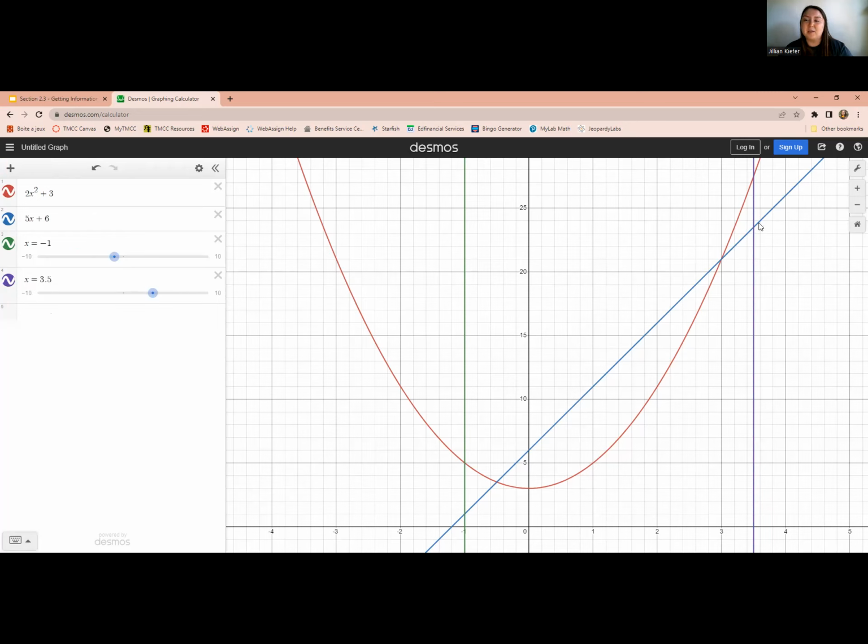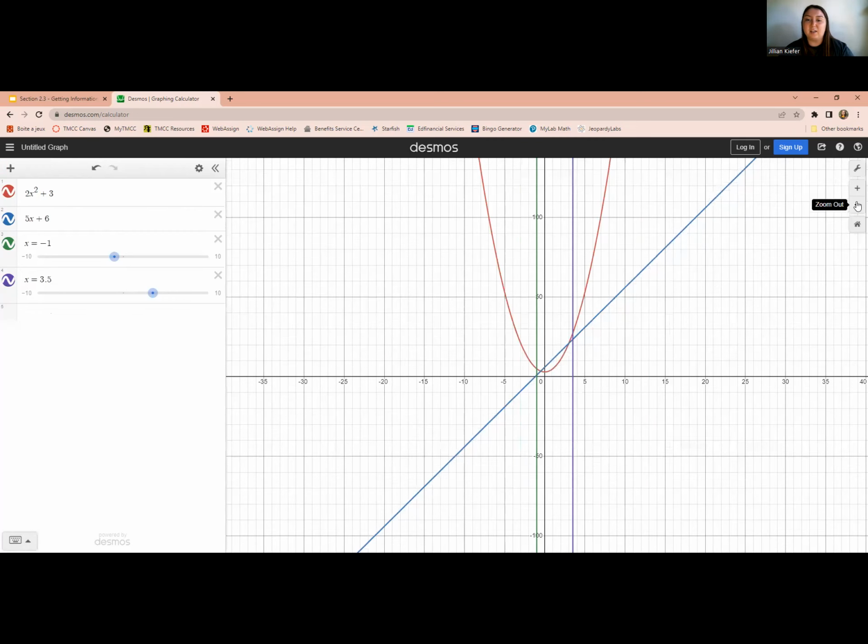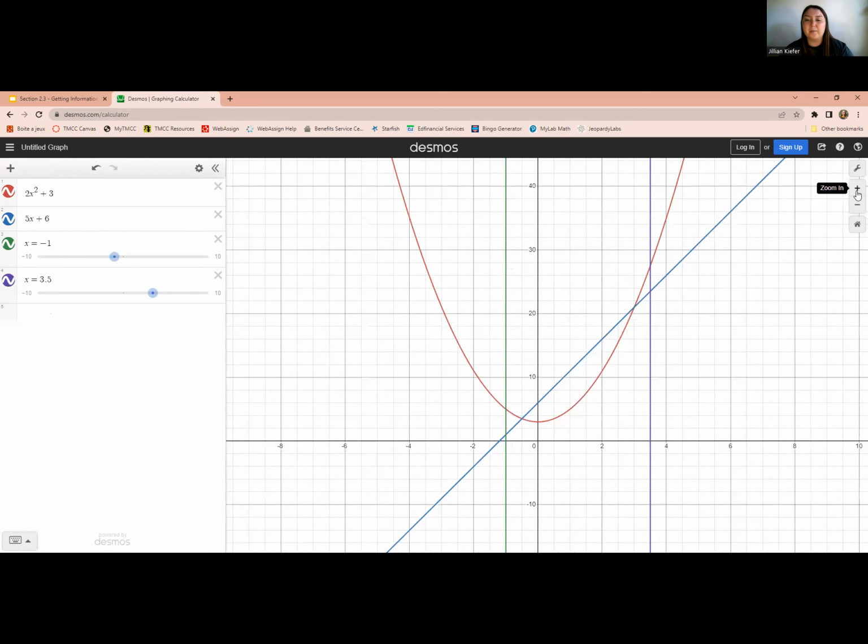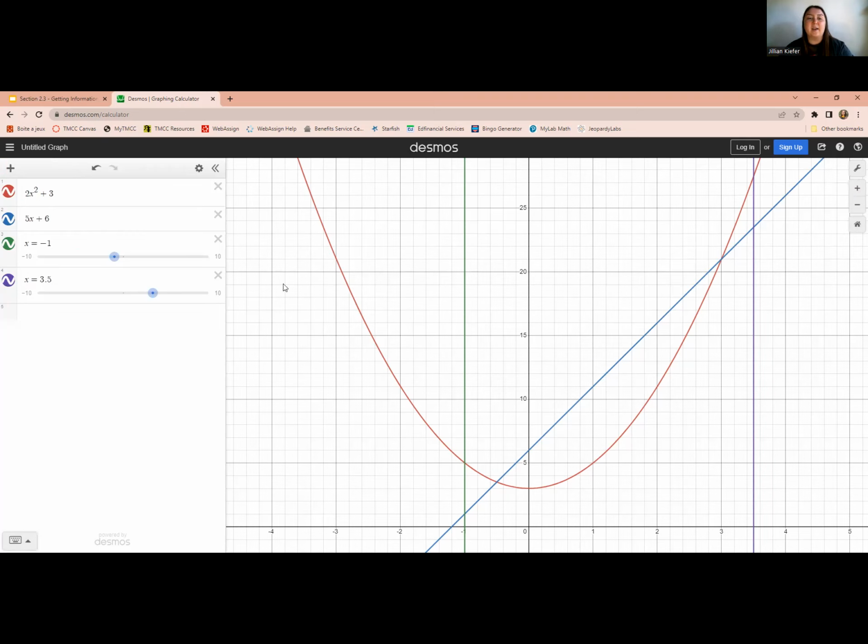In both cases, we're going to assume that in both infinite directions, this is still going to be true. So what we see here is that starting at this side, we can zoom out a bunch of times to see that this is always going to be true. So we're going to assume that starting from our smallest number, we can think of -infinity, up to the x value where they intersect, because remember that is when they are equal.